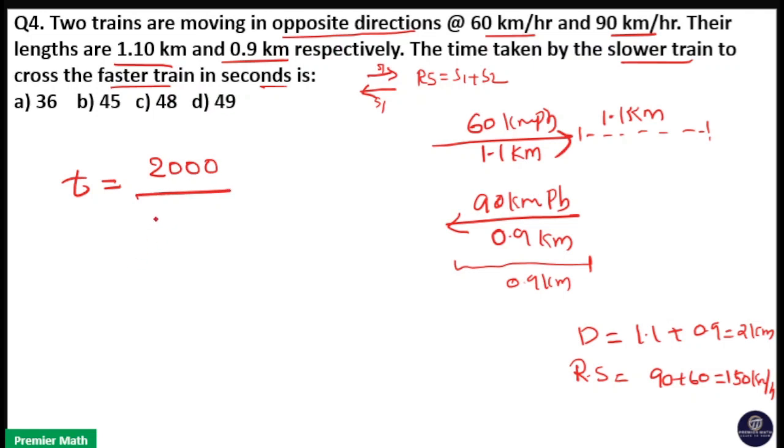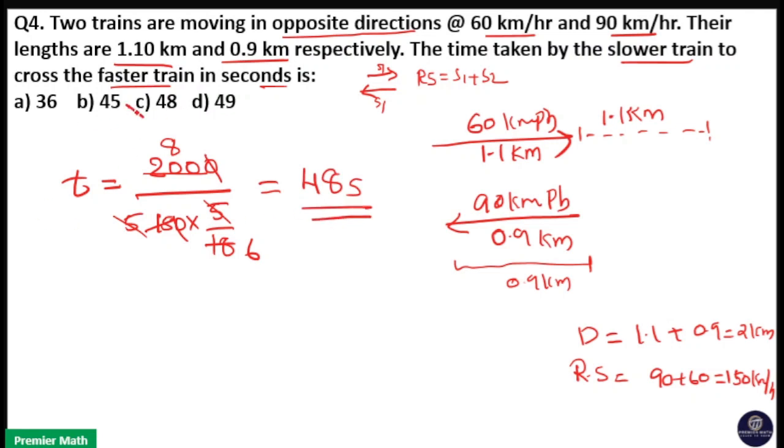Speed is equal to 150 km per hour into 5 by 18. Here 0 cancels. 3 into 6 is 18. 3 into 5 is 15. 5 into 5 is 25. 25 into 8 is 200. The 6 will come into the numerator, that is 8 into 6, 48 seconds is the answer. So option C is your answer.